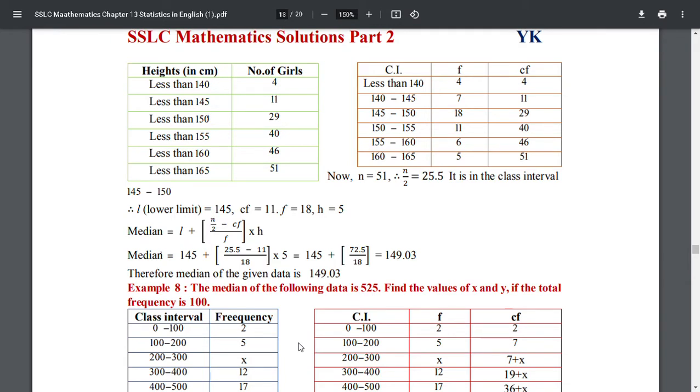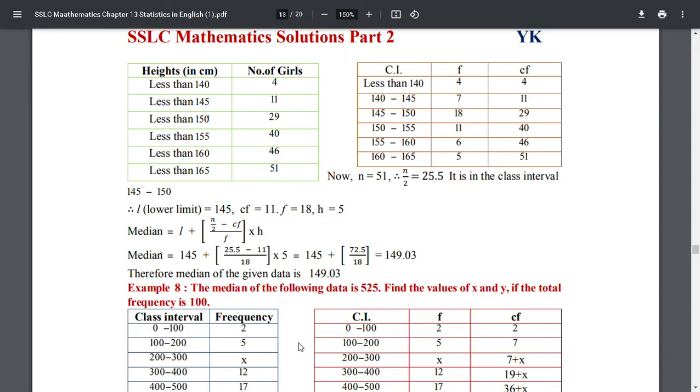See here, heights column, number of girls column. Less than 140, 4; less than 145, 11; less than 150, 29; less than 155, 40; less than 160, 46; less than 165, 51.